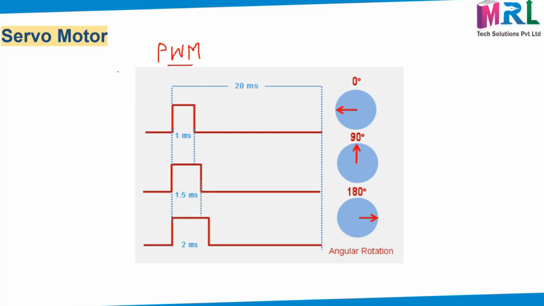Your servo motor is controlled by a pulse width modulation wave. When the pulse width is 1 millisecond, it is on for 1 millisecond and then off, and the angular position given by the servo motor is 0 degrees.